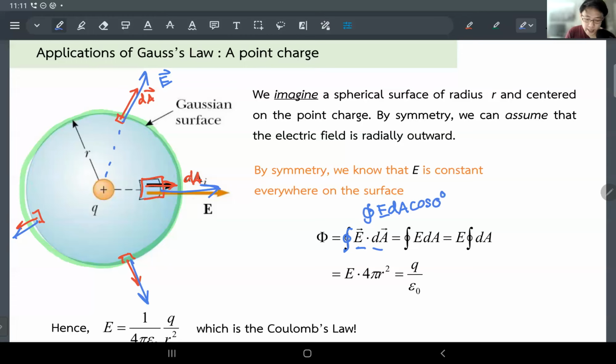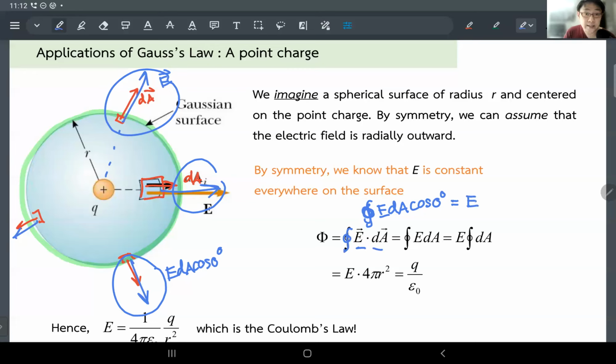Because you can use this everywhere, they all look exactly the same: E dA cosine 0 everywhere. So all you need to do is integrate across this Gaussian sphere. E can be pulled out because we already said the electric field strength should be exactly the same in all directions. Cosine 0 is 1, so you only have the integral of dA left to do.